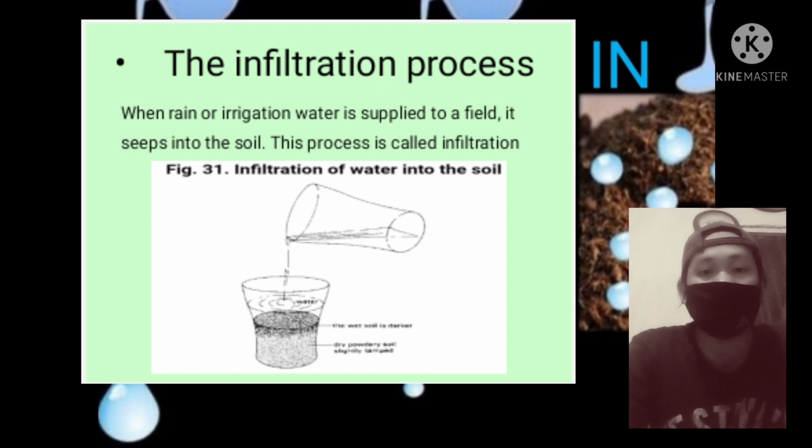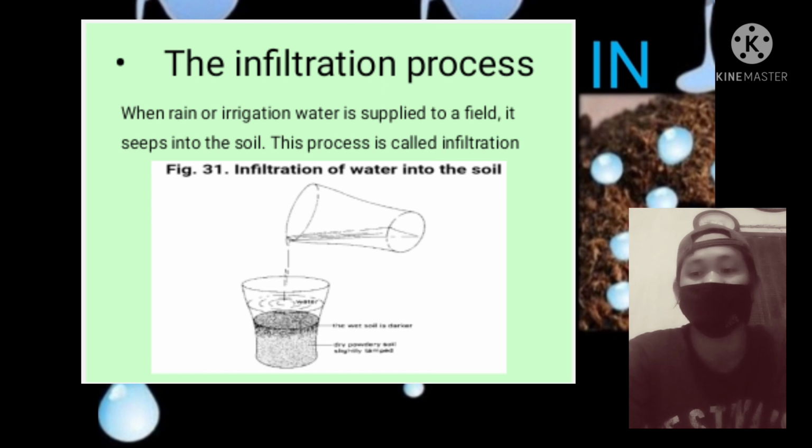Kapag ito ay umulan or irrigation ng pag-supply sa field, pag ito ay tumulo sa soil, this process tinatawag na infiltration o lumulusot. Infiltration can be visualized by pouring water into a glass filled with soil.